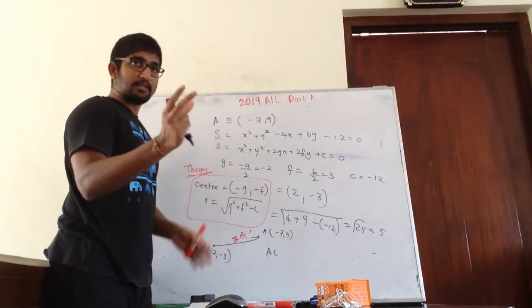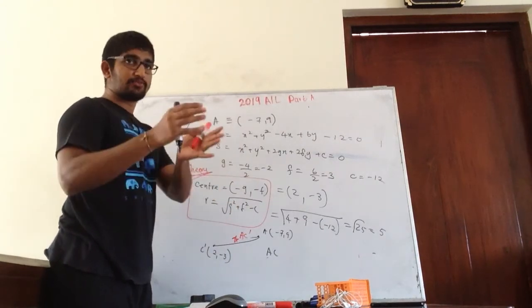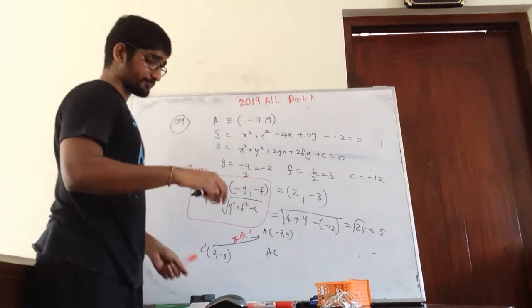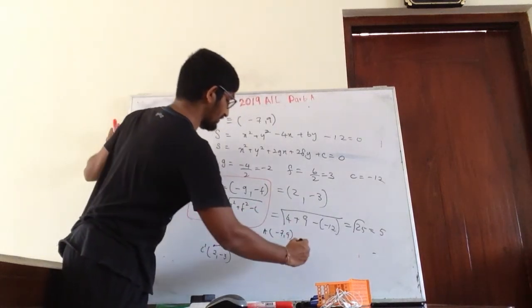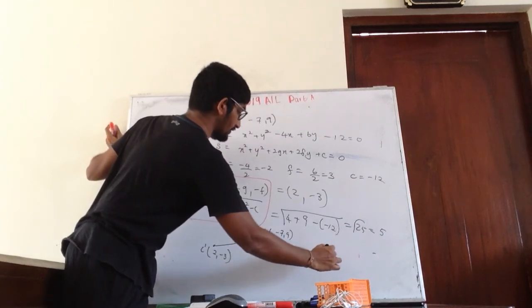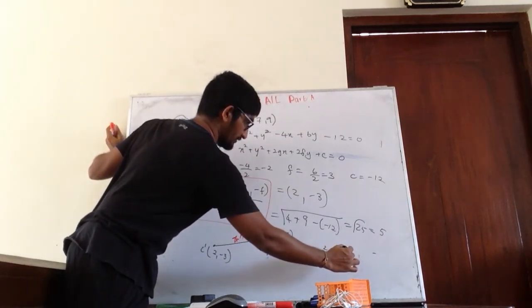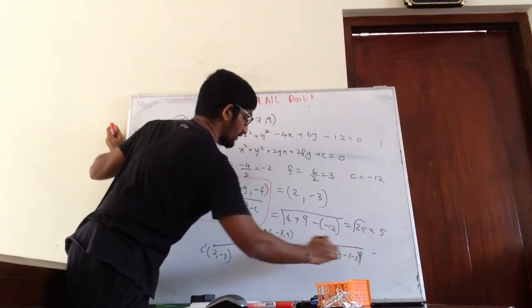That means the difference between the x values squared plus the difference between the y values squared, all square rooted. Right? So that is basically minus 7 minus 2 squared plus 9 minus 3 squared, root.